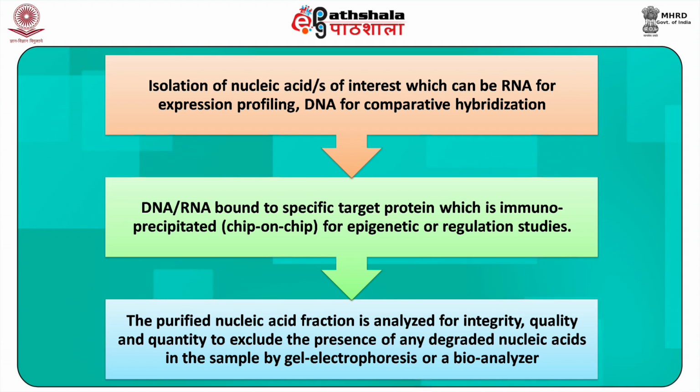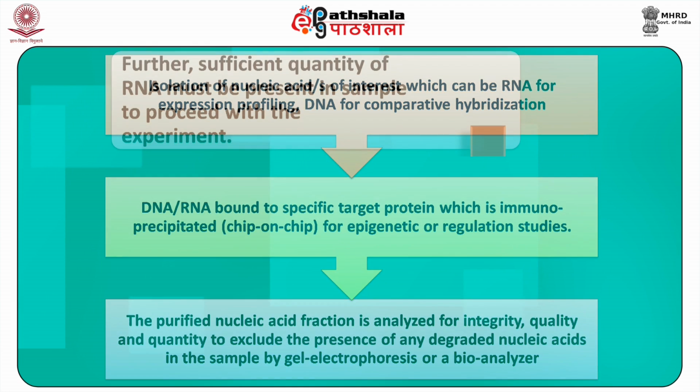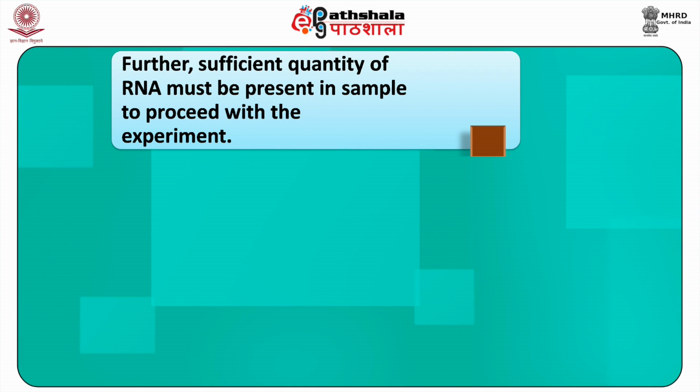Third, the purified nucleic acid fraction is analyzed for integrity, quality and quantity to exclude the presence of any degraded nucleic acids in the sample by gel electrophoresis or a bioanalyzer. Further, sufficient quantity of RNA must be present in the sample to proceed with the experiment.